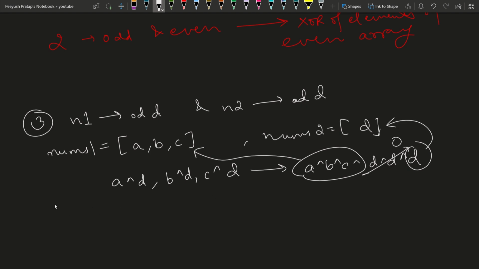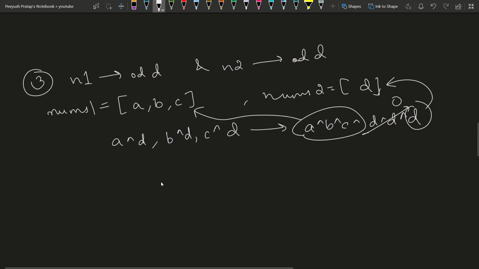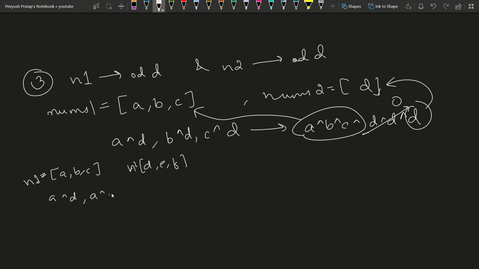Or we can take a bigger example. Here A, B, C, and this is nums1 and nums2 will be D, E, F. Then again AD, AE, AF, BD, BE, BF, CD, CE, CF.